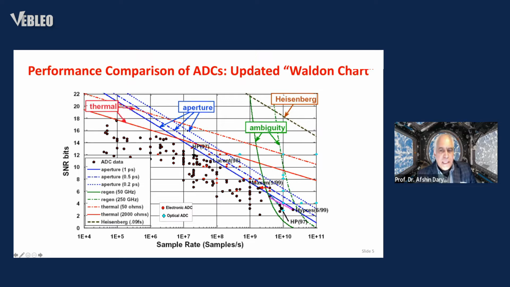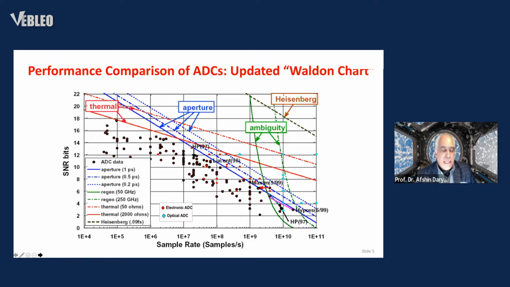But as you see in the blue curves, the limitation that you're going to observe is the aperture jitter. And if you're going to have a very low aperture jitter of 0.2 picosecond, then you have a hope to reach 10 gigasamples per second with a minimum of 8 effective number of bits.